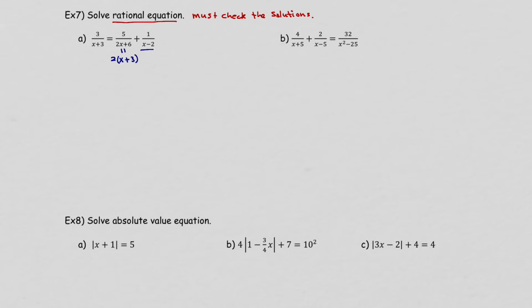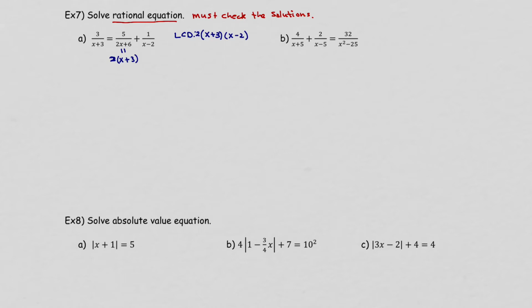So from the factors, you notice your least common denominator should be x plus 3, right here. And then you need to use the 2 also. Let's pull that 2 into the front, and then another x minus 2. So that's going to be your least common denominator.